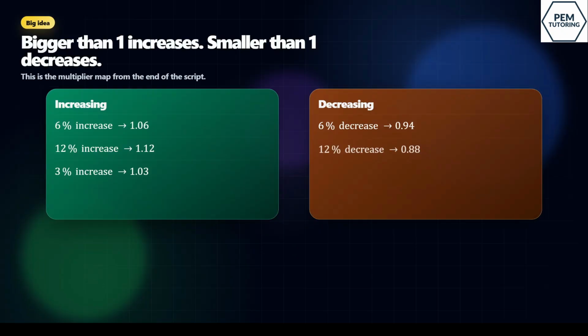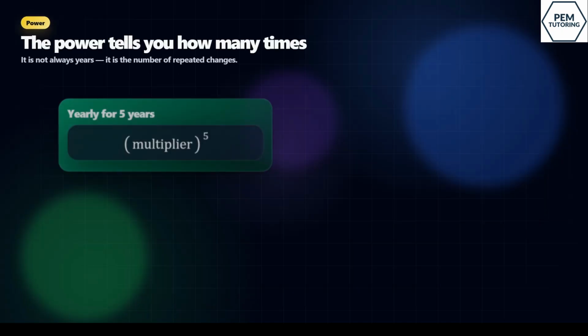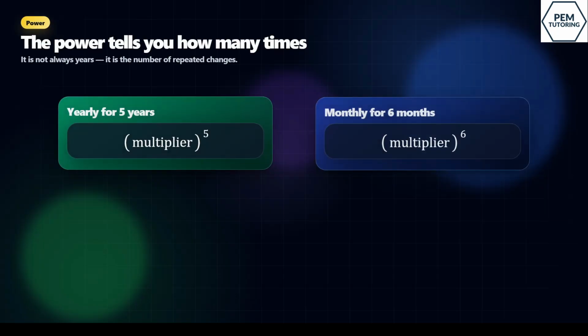A 12% decrease is 0.88. A 3% decrease is 0.97. And the power tells you how many times the change happens. Not always years, just how many times. If interest is added yearly for 5 years, the power is 5. If interest is added monthly for 6 months, the power is 6.